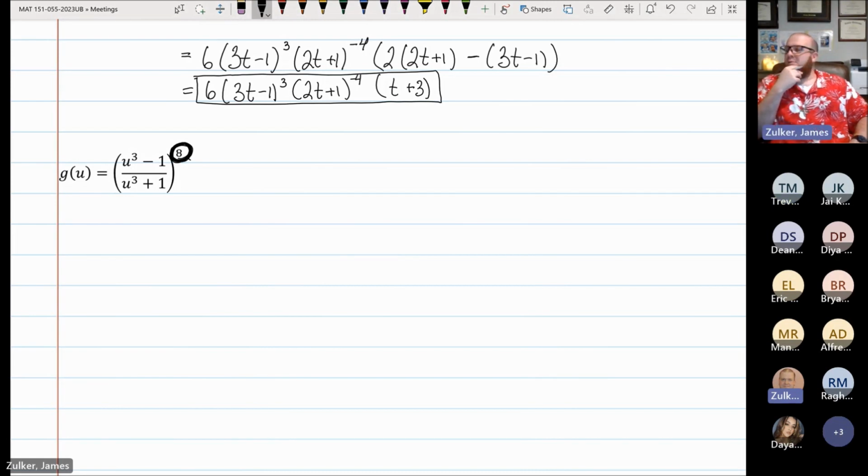Power. The power function overall. So we're going to use the general power rule.